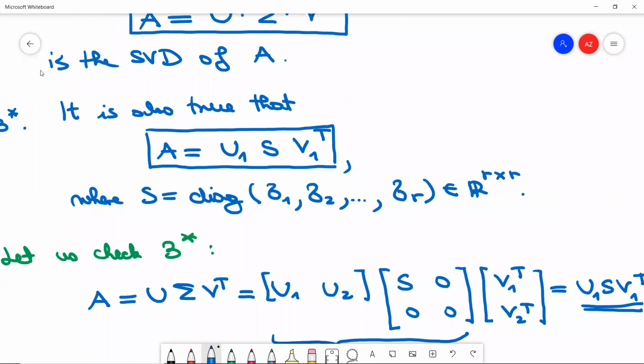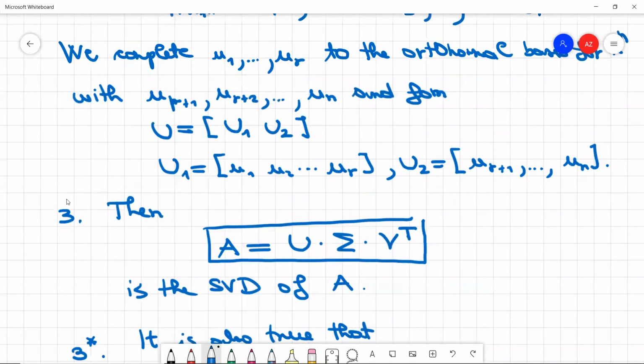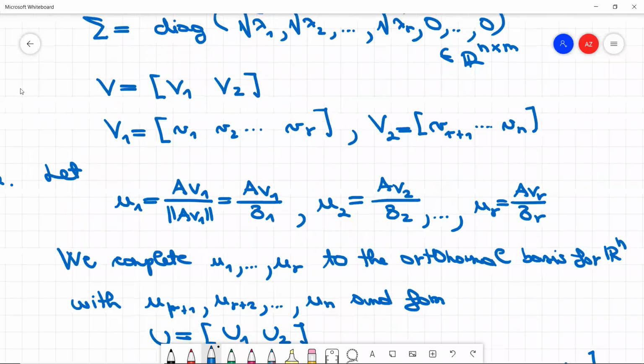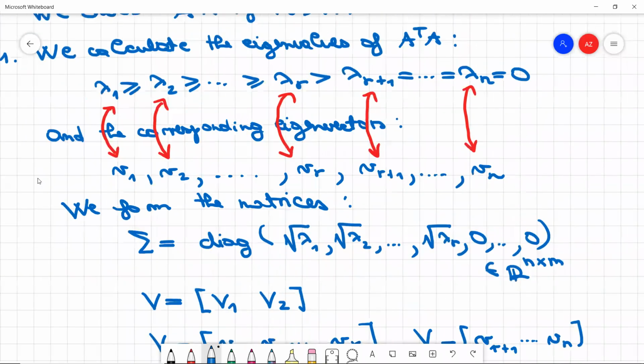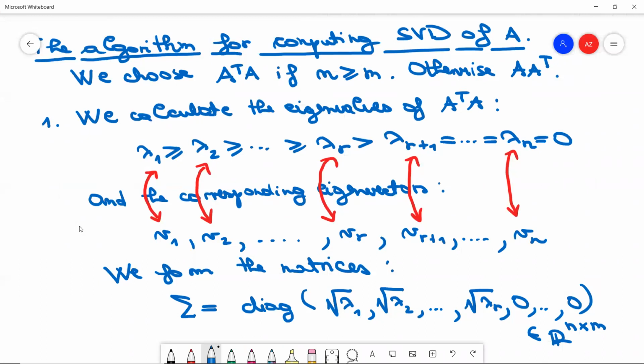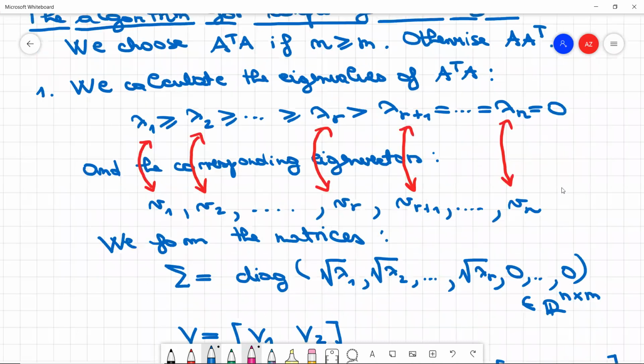So if we look again at the algorithm before we end this first hour, we calculate lambda 1 up to lambda r, those eigenvalues, in the first step, and the other eigenvalues are 0.